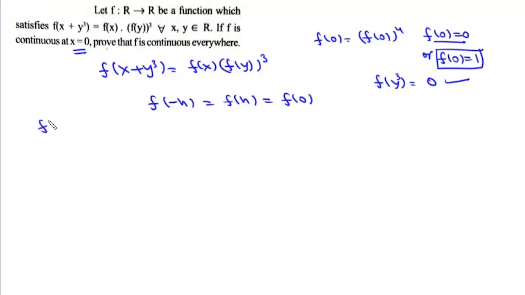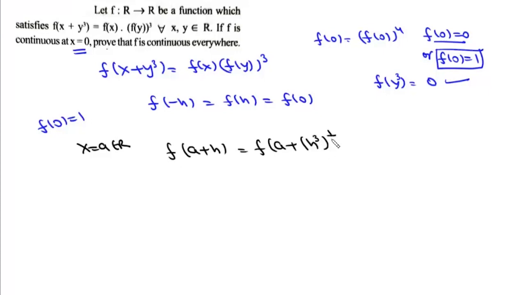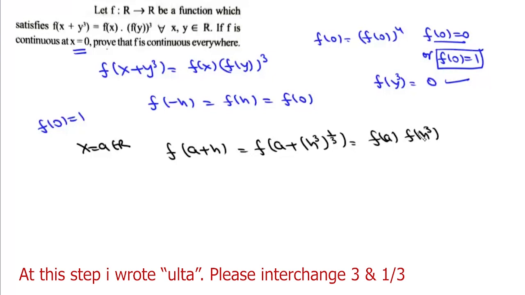Now if we take f(0) as 1, then if we check its continuity at any point, say x equal to a, which is a real number, then we can write f(a plus h) as f(a plus h cubed to the power 1 by 3). Now this is f(a) into f((h cube) to the power 1 by 3).